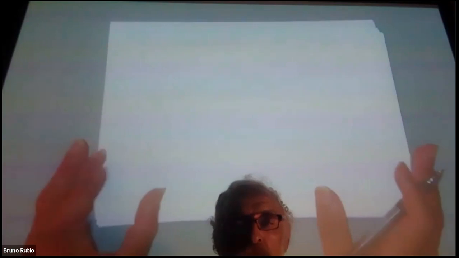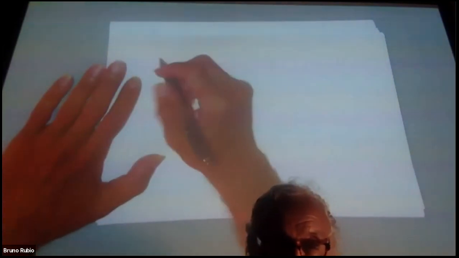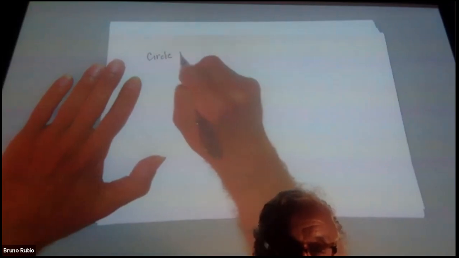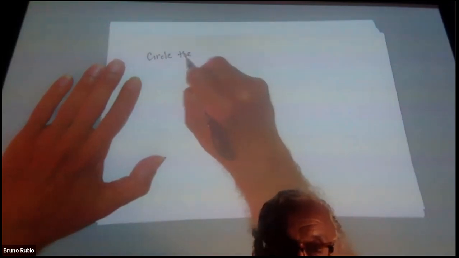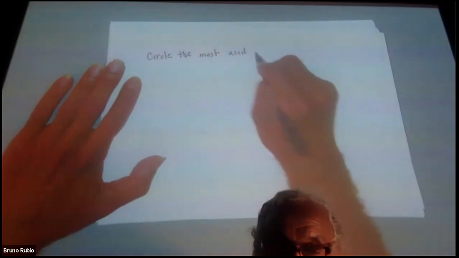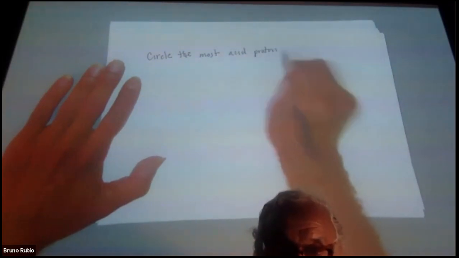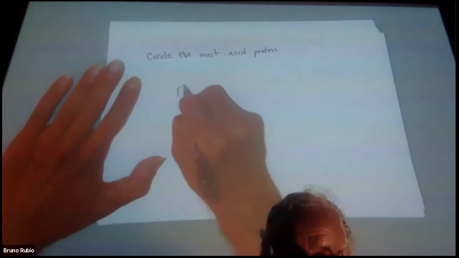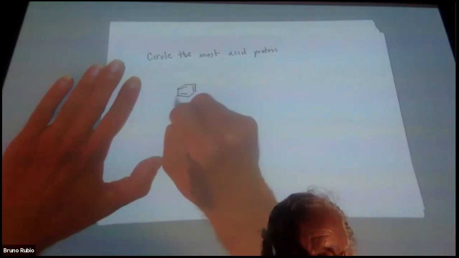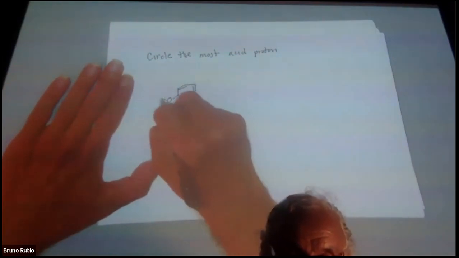So now let's do a more challenging problem. Circle the most acidic proton. All right, so maybe let's cook up a crazy molecule here. Maybe something like this.